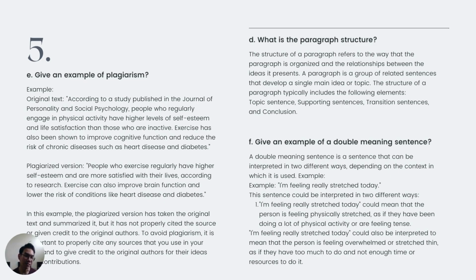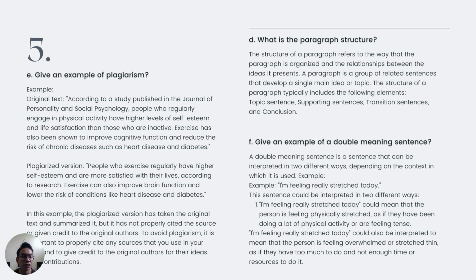Next is give an example of plagiarism. Here is an example, the original text. According to a study published in the Journal of Personality and Social Psychology, people who regularly engage in physical activity have higher levels of self-esteem and life satisfaction than those who are inactive.